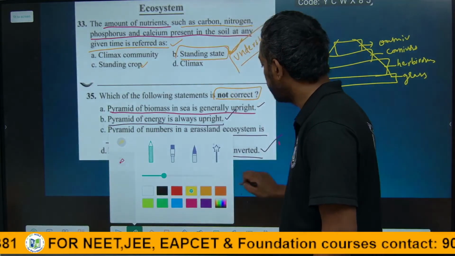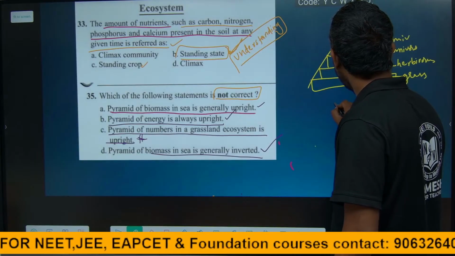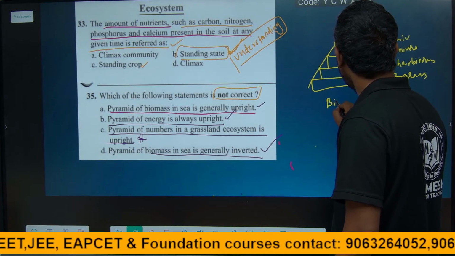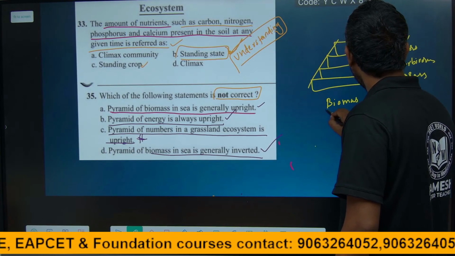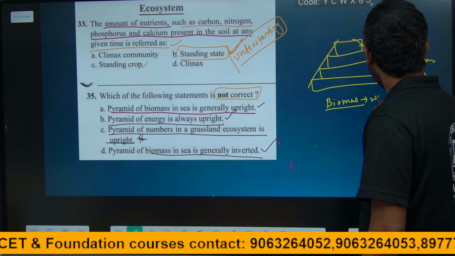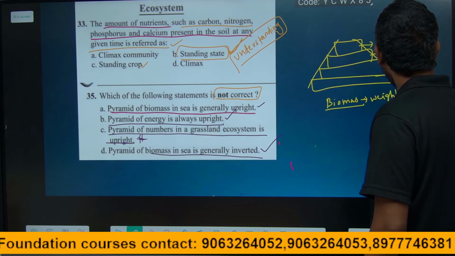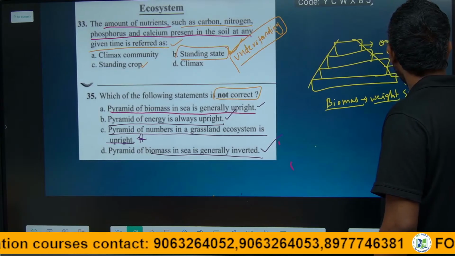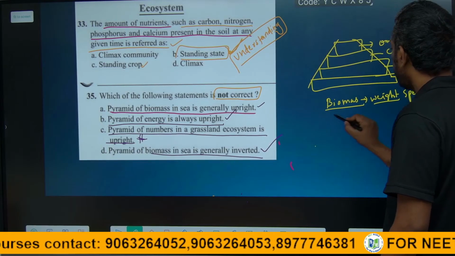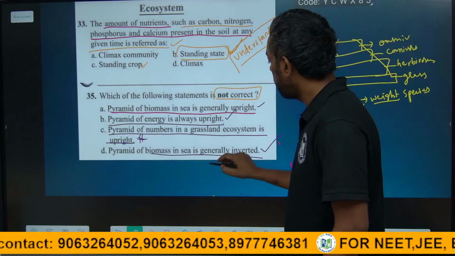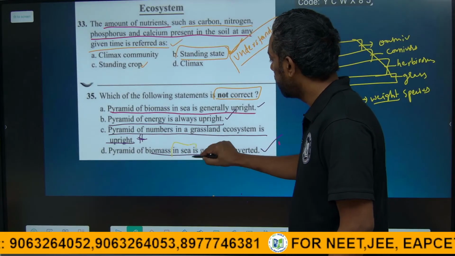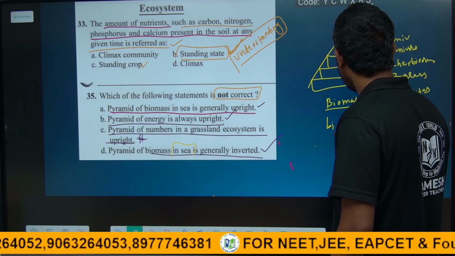Yeah, you look into this, big fishes, biomass is high. Biomass means the weight of species in the pyramid, which is generally inverted, where big fishes are high, right?